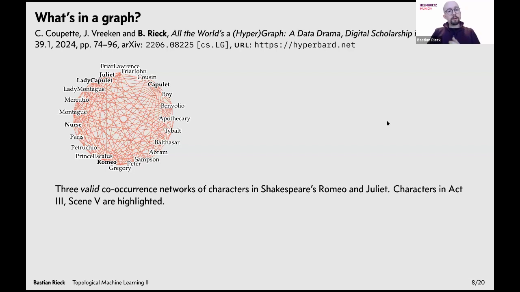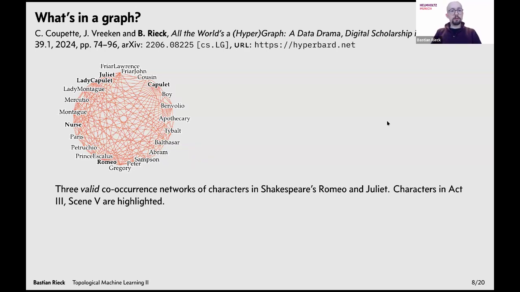And what we found is that it's very easy to construct different so-called co-occurrence networks. This is a classical construction that you will see a lot when you're dealing with complex networks or complex systems. People turn all kinds of things, like a musical or a book, into a co-occurrence network, meaning that you want to see who is talking to whom in which chapter and so on and so forth. And there are a lot of ways of doing this.